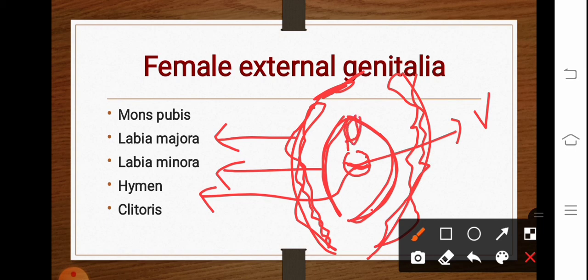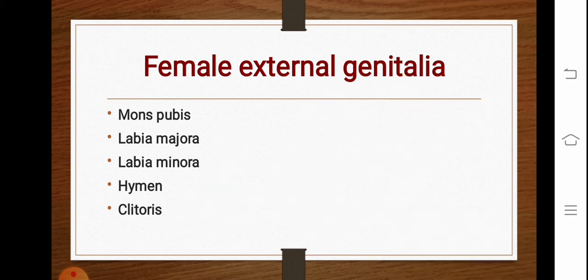So this is the labia minora, and at the upper junction there is a finger-like projection; that we call the clitoris. Clear? This is a rough drawing that I have made, so we will study it in detail. The following parts are included in female external genitalia: mons pubis, labia majora, labia minora, hymen and clitoris.